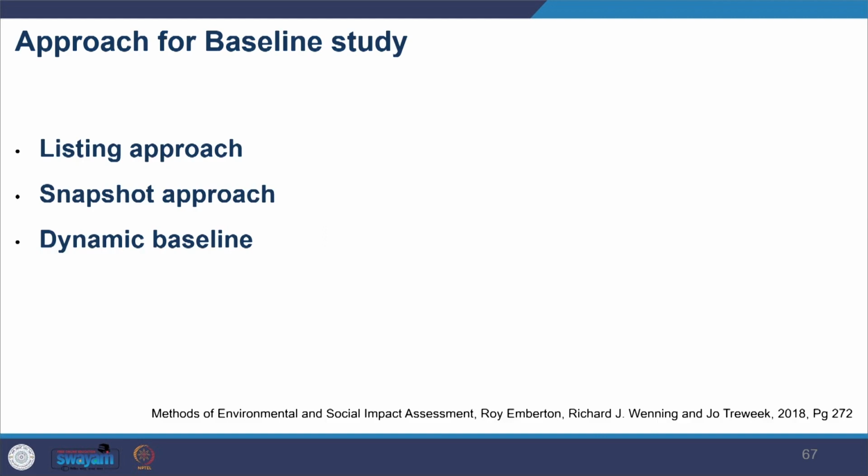You may take a snapshot approach. You may also prepare a dynamic baseline. You need not just prepare a list or document, but also a dynamic baseline which shows how it is changing with time and across the geographies you're considering. That allows you to predict what will really happen.